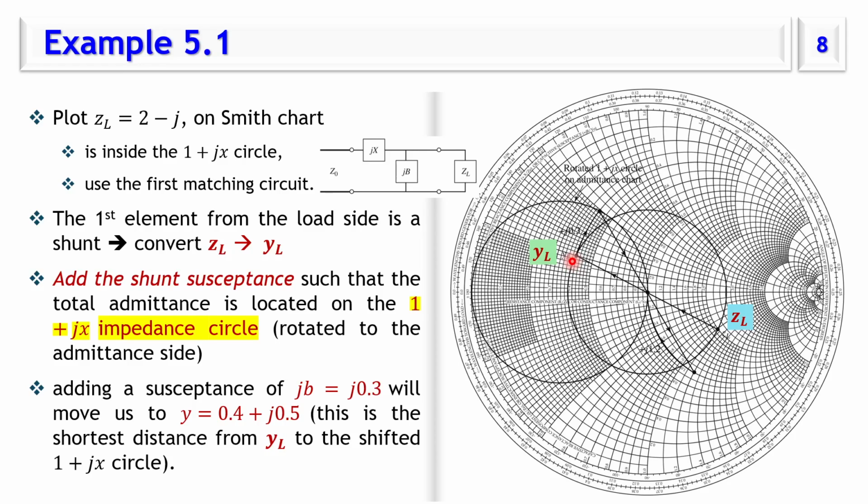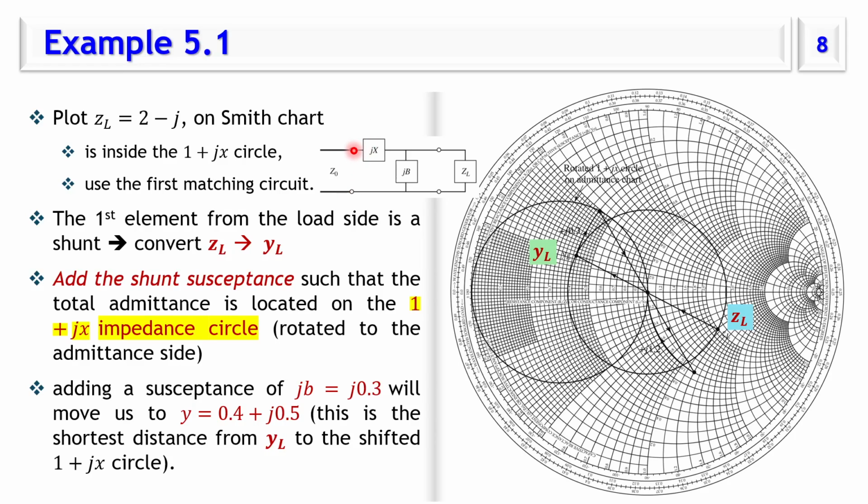And now we can think of this Smith chart as being the admittance Smith chart. So now we are here, and the idea is that those two elements are in parallel, and this element here is in series. We know that Z naught is real.